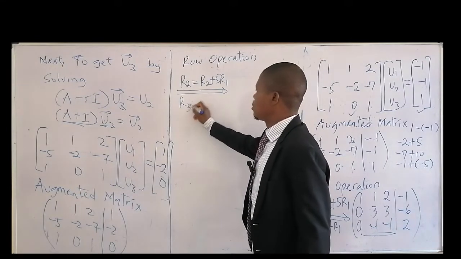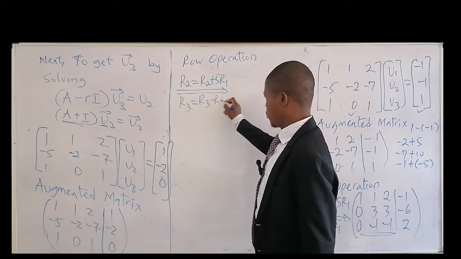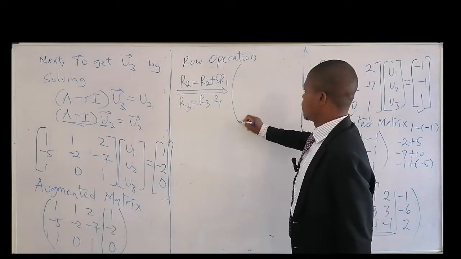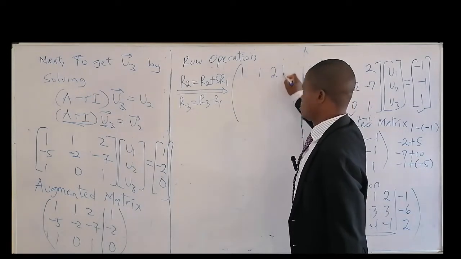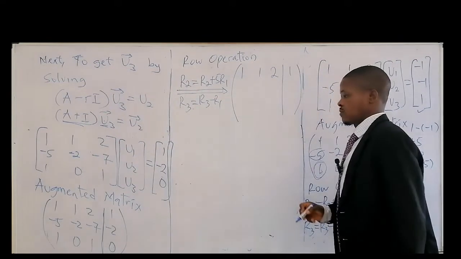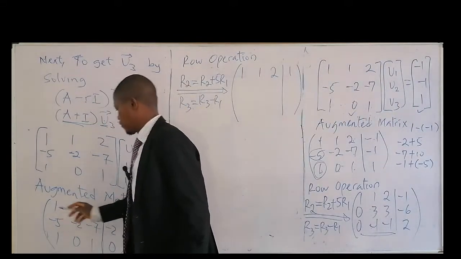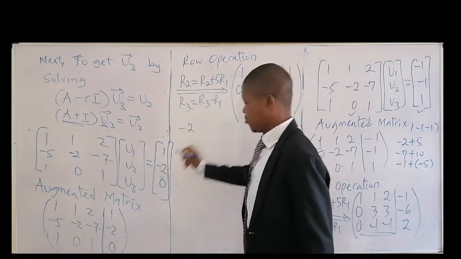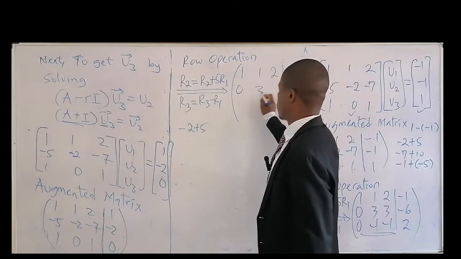Then this one is equal to 3 minus what? That's this one minus this. So we just have the first row as the reference point, it's not changing. So this is minus 5 plus 5, that's 0. Here is minus 2, plus 5, that's a 3.